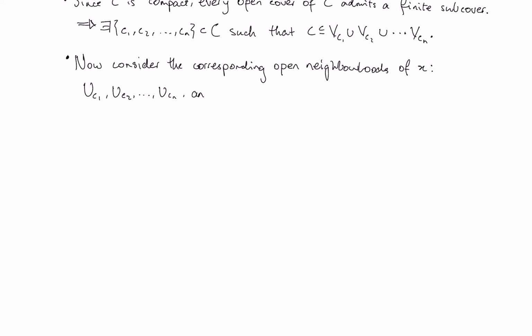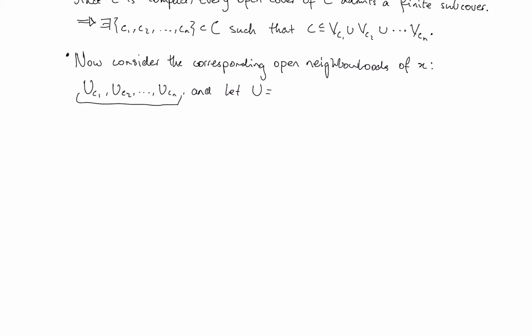And we want to define a new set, U, to be the union of all of these open neighborhoods. So U, C, wait, did I say union? I meant the intersection of these finite sets here. U, C1 intersect U, C2, U, Cn.